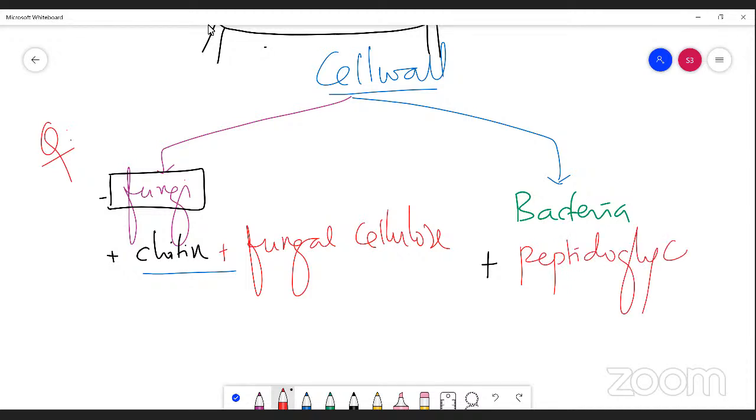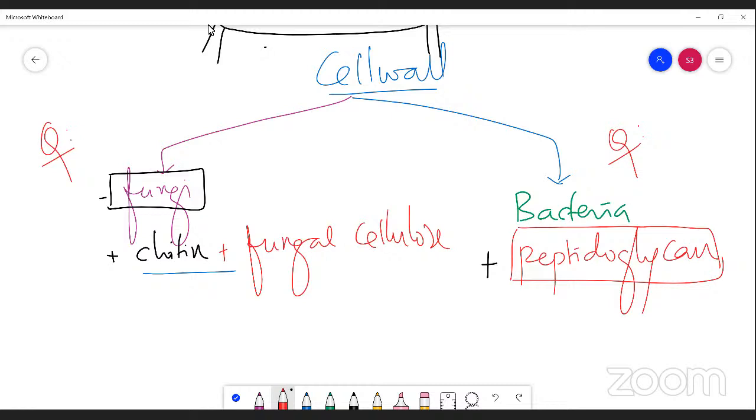So the cell wall of bacteria is made up of that. That is the question. Please understand. Cell wall of bacteria is made up of that. I repeat, cell wall of bacteria is made up of peptidoglycan.